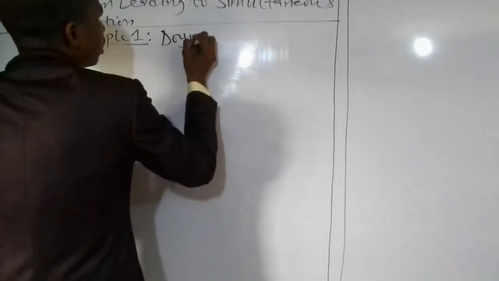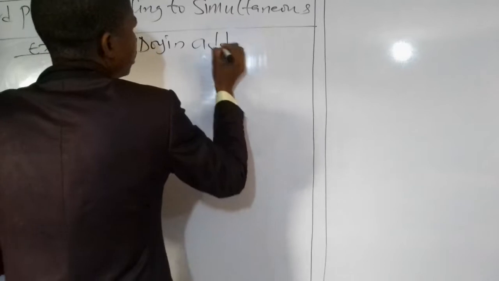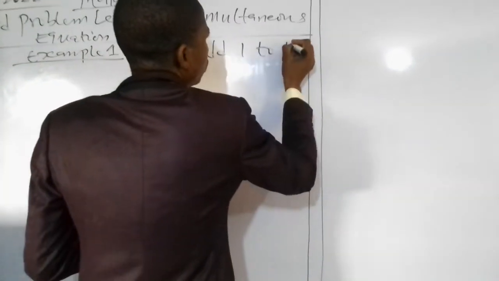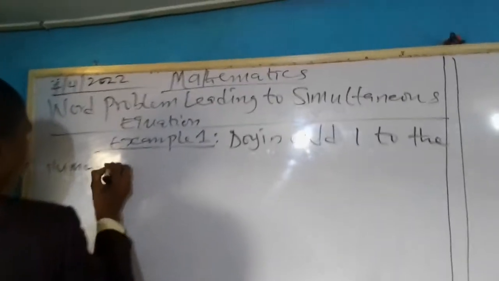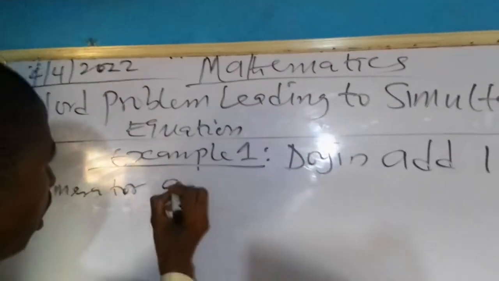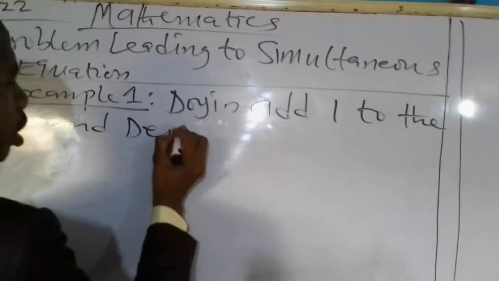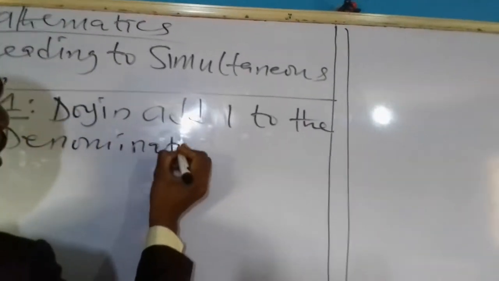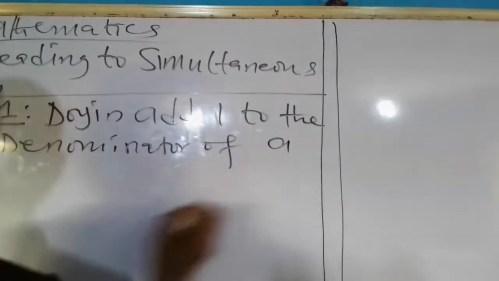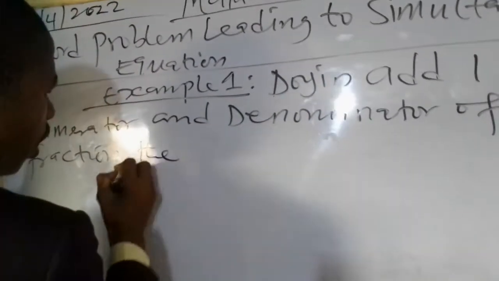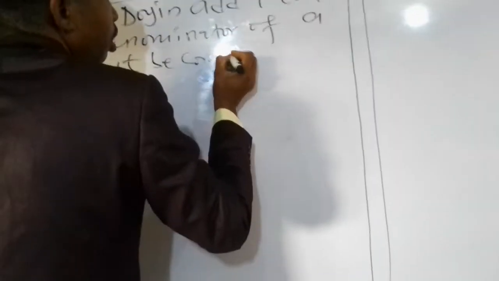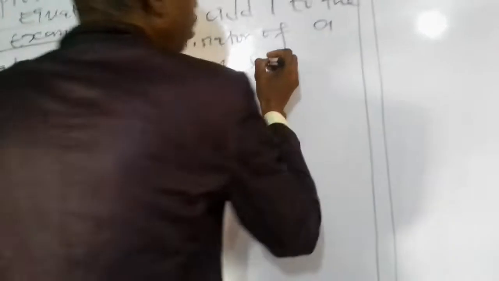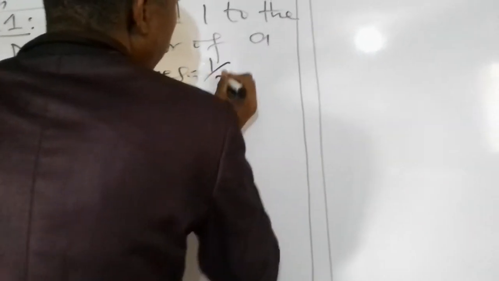Doing, add 1 to the numerator and denominator of a fraction. The result becomes 1 over 2.